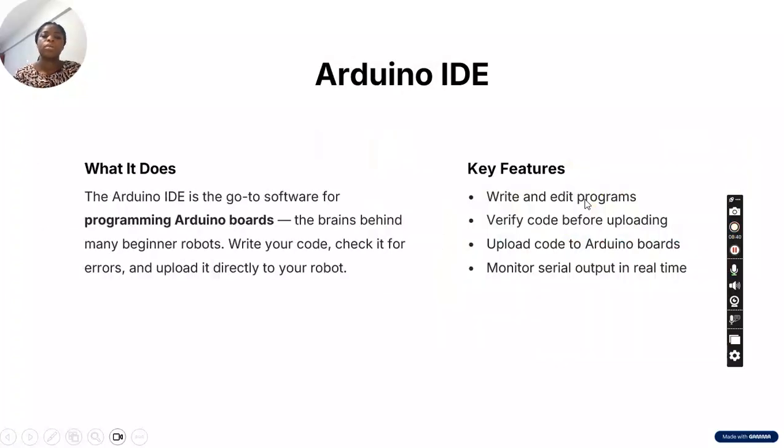Now let's talk about the Arduino IDE. The Arduino IDE is good software for programming Arduino boards. It's the brain behind many beginner robots. It helps beginners write their code, check it for errors, and upload the code directly to the robot.